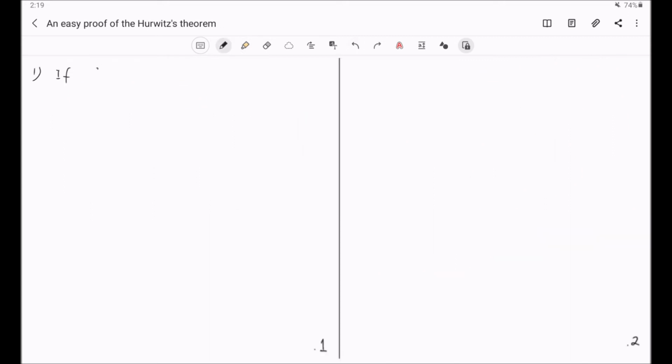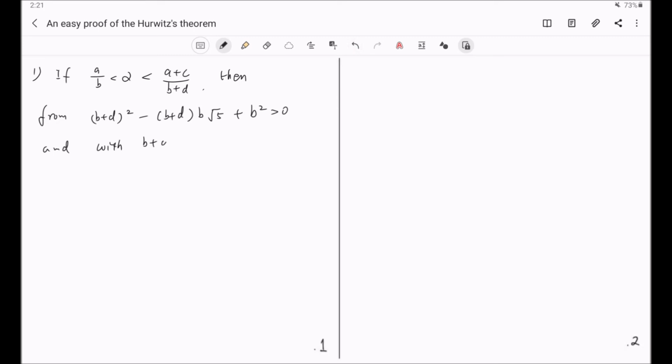Now, if alpha is smaller, which means that alpha is greater or equal to a over b but less than a plus c divided by b plus d, then from the inequality (b plus d) squared minus (b plus d) b times square root of 5 plus b squared greater than 0, with b plus d replacing d, a plus c replacing c.